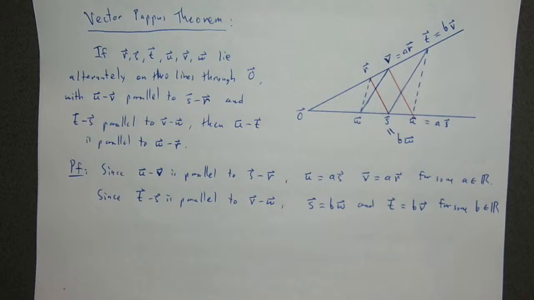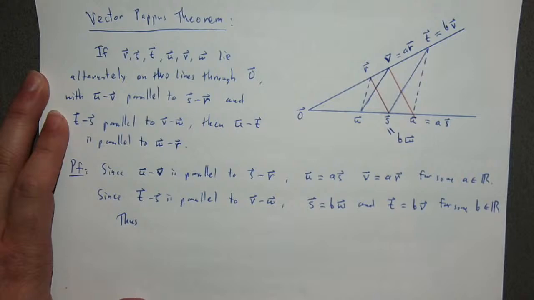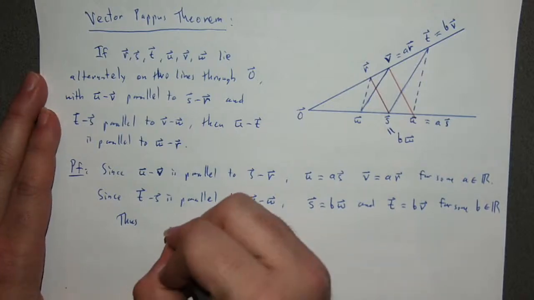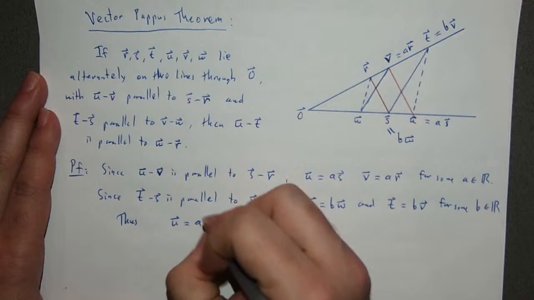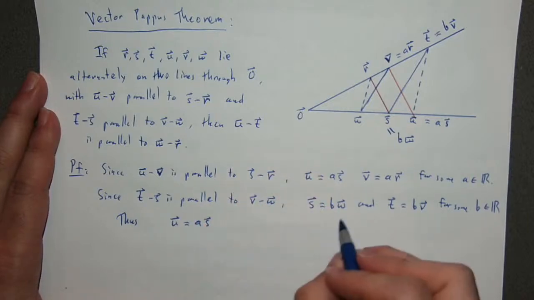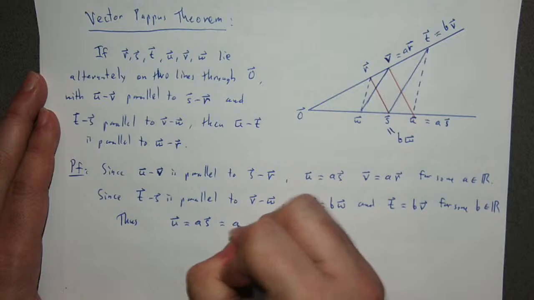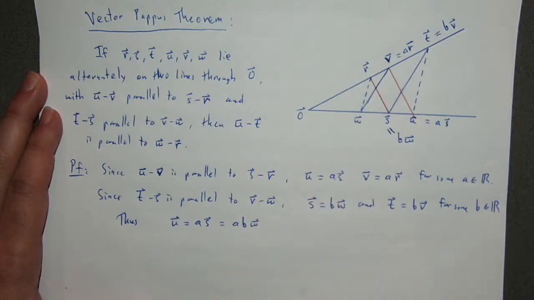All right. Thus, what does this mean? Thus, U is equal to AS, but S itself is BW, so this is ABW. In fact, I'm going to write that here in my diagram.